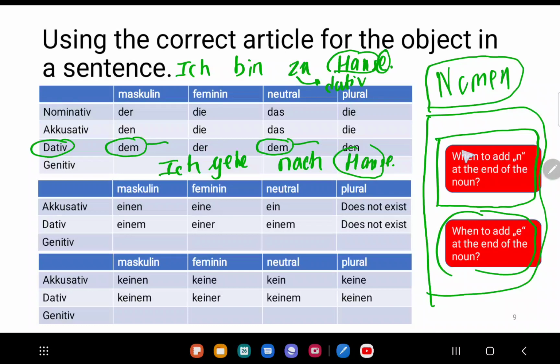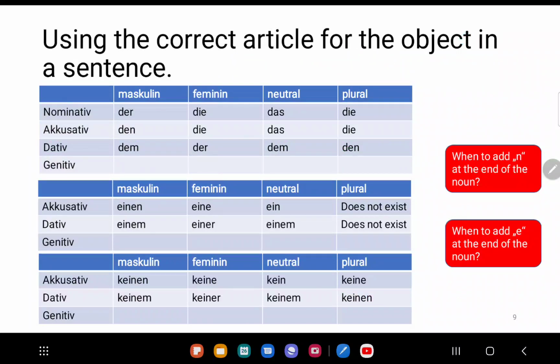Now there is a question of when to add n at the end of the noun. This is also the case only for plural dative. For example, if you want to say I help the men, the singular is der Mann, the plural is Männer. But you know the verb helfen.